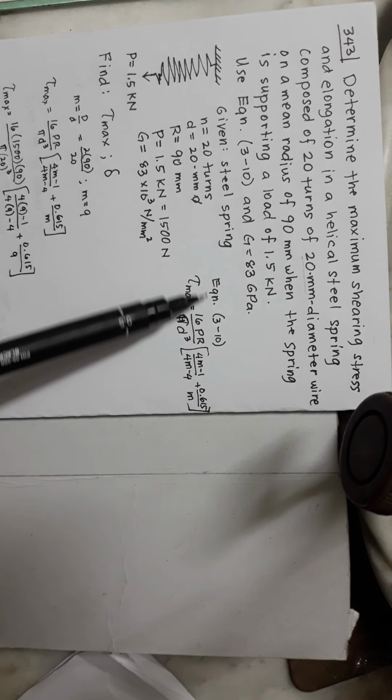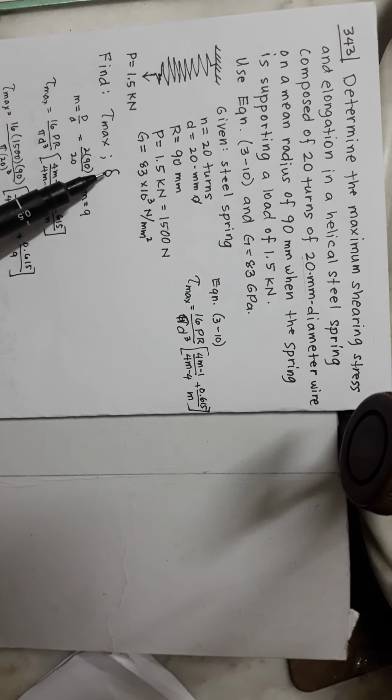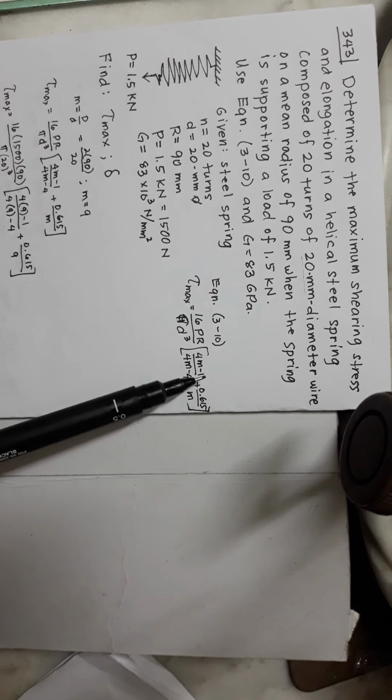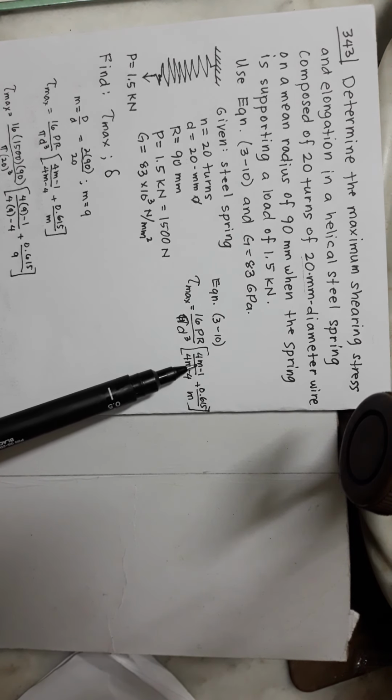And we are going to use this equation 3-10. So we need to find the maximum shearing stress, tau max, and the elongation of the spring when it is loaded.